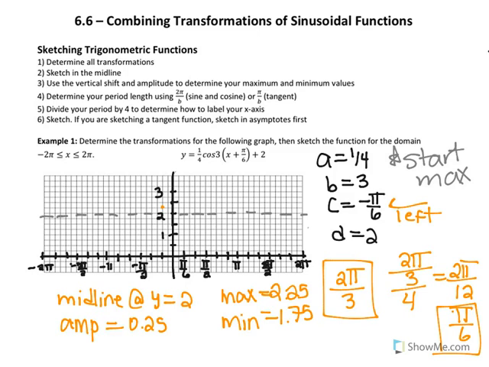And then every pi over 6, we're going to go to a new section, so it's going to hit the midline, then it's going to hit the minimum, then it's going to hit the midline, every 2 lines, basically. So then it's going to hit the maximum, midline, minimum, midline, maximum, midline, minimum, midline, maximum.